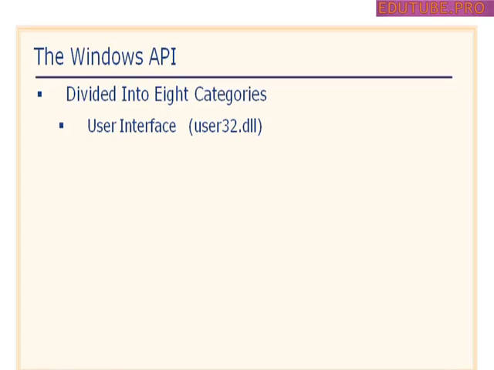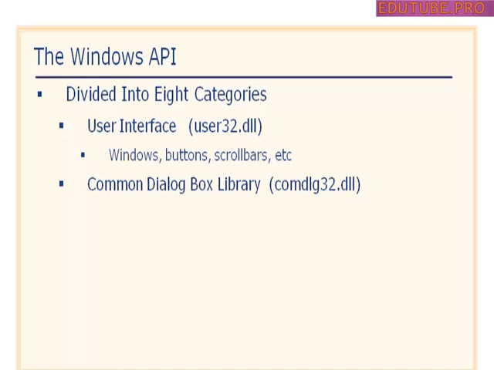Then the user interface is categorized separately into the user32.dll file, and this is where we're able to build windows, buttons, scroll bars, all that sort of thing.